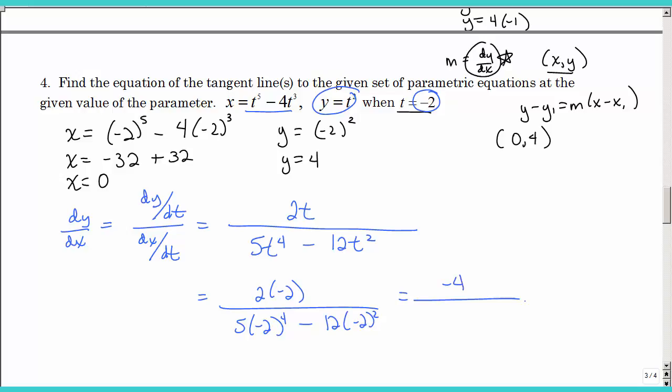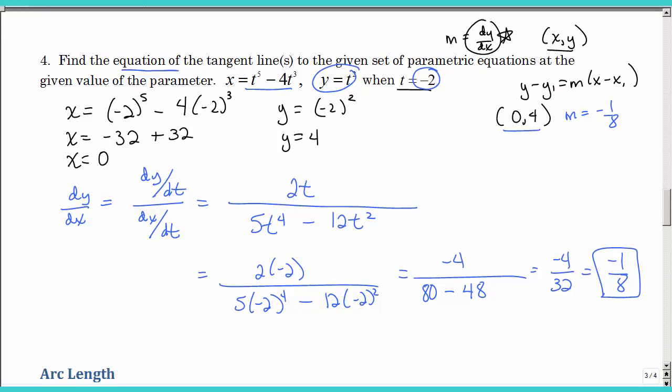Let's see, that's negative 4 over 80 minus 48. So that's negative 4 over 32, which reduces to negative 1/8. So now I have a slope of negative 1/8. I have a point 0, 4, and I'm going to find the equation of that tangent line.